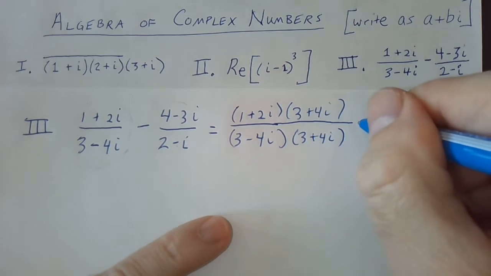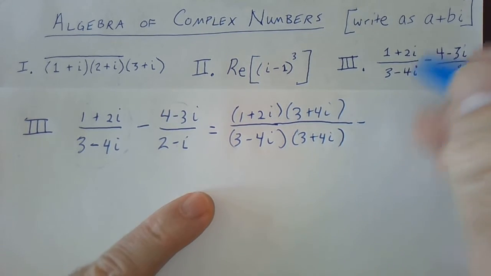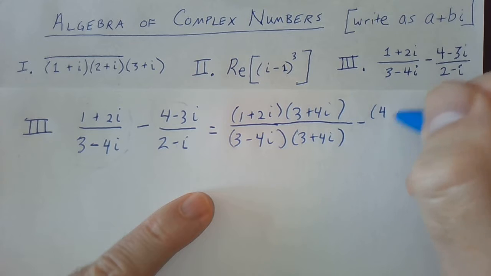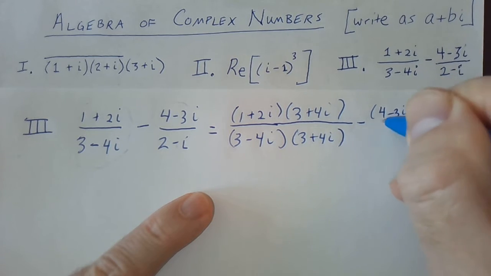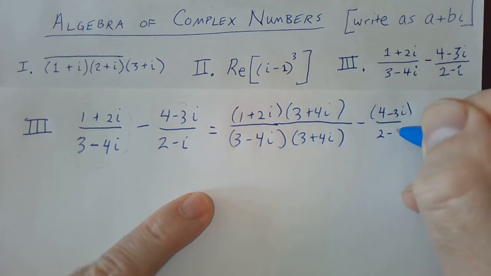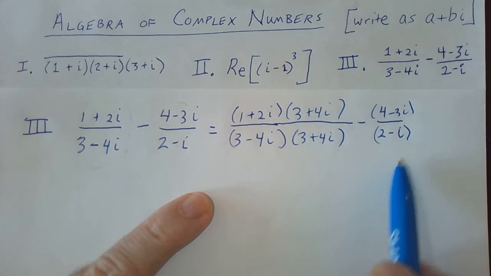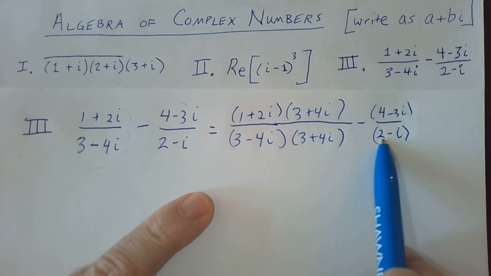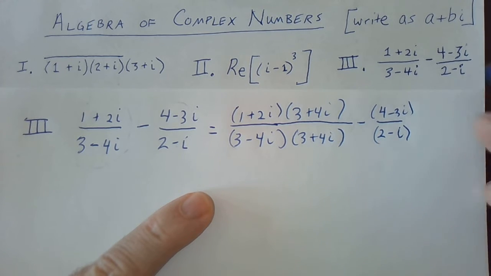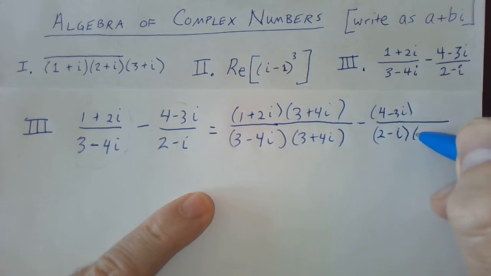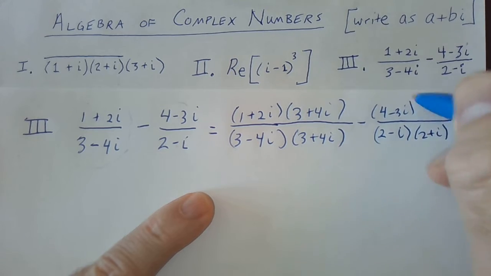And I'll do the same with the second fraction if I have enough room here. We've got 4 minus 3i over 2 minus i. I'm going to multiply top and bottom by the complex conjugate of the bottom. The complex conjugate of 2 minus i is 2 plus i.